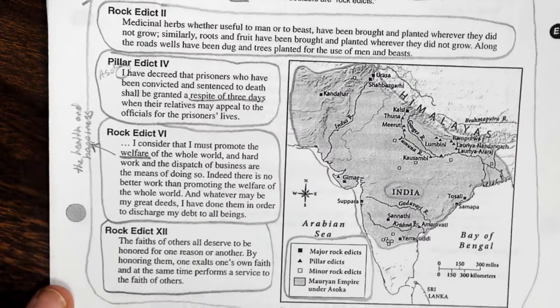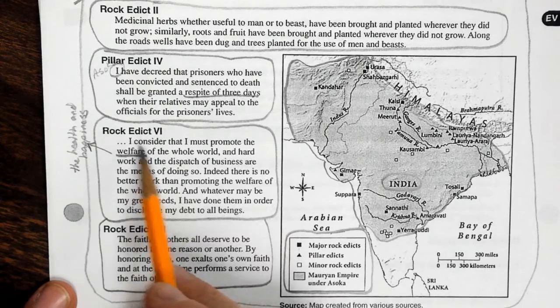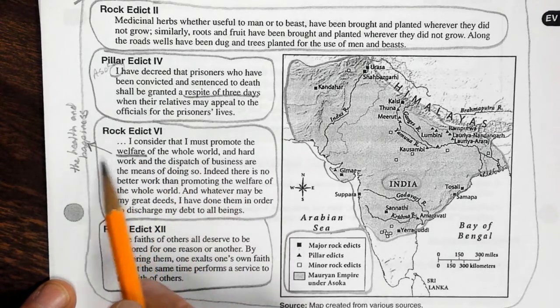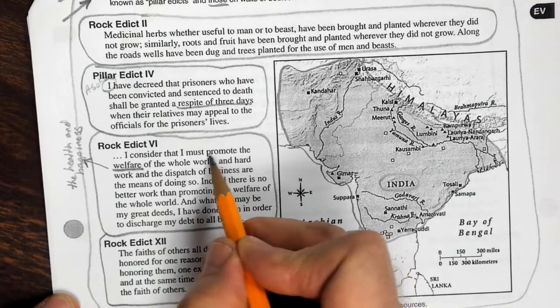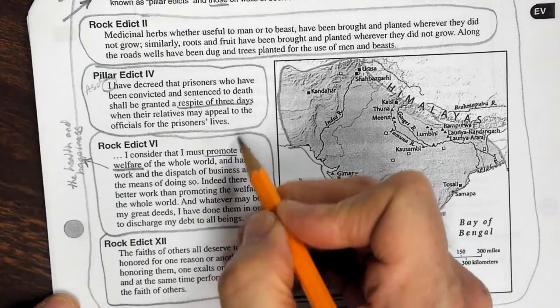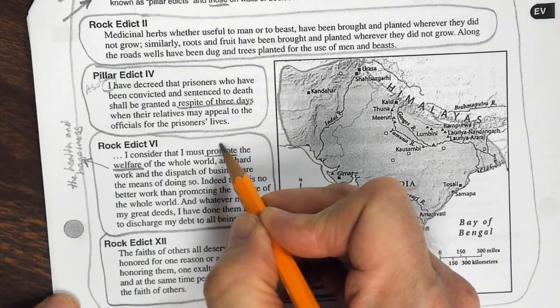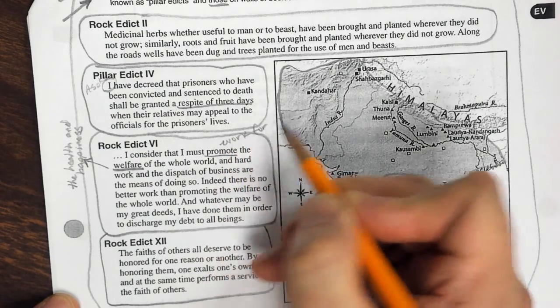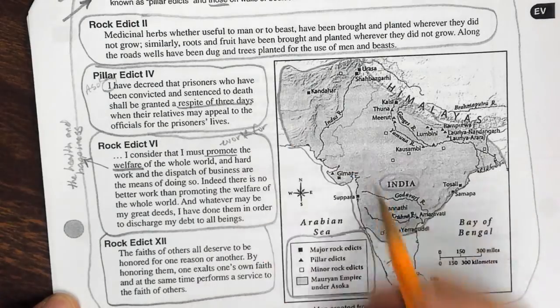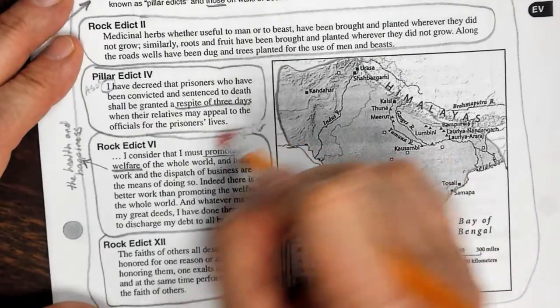So to read that again, you would say, I consider that I must promote the health and happiness of the whole world. Promote means to work for something. Let me make that so you can see that better.